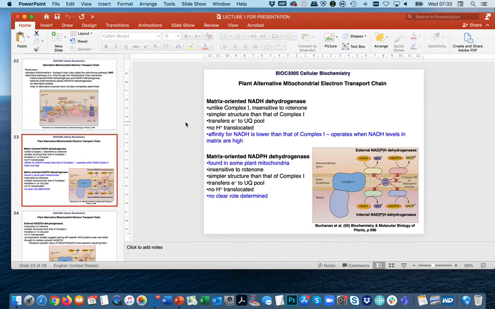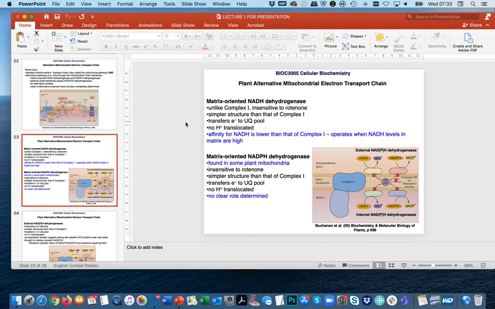They keep on functioning even when rotenone is around, and that's how they were discovered. Electron flow was still happening in plant mitochondria, even though rotenone was being used to turn off NADH dehydrogenase activity. They have a very simple structure, much simpler than complex 1, and much smaller.